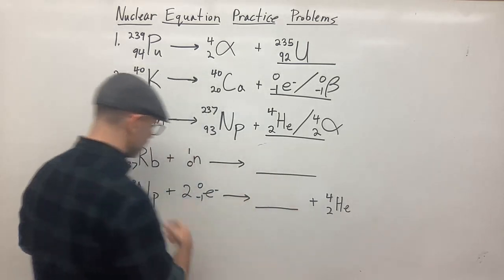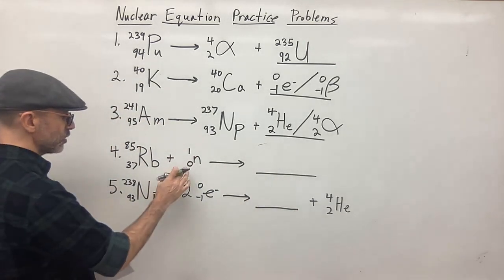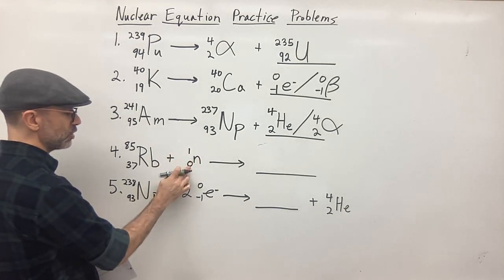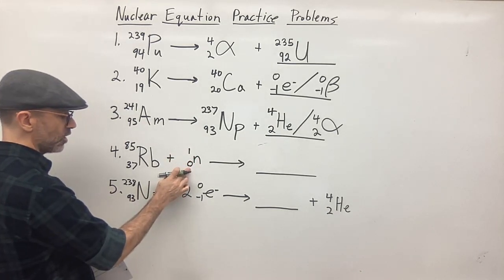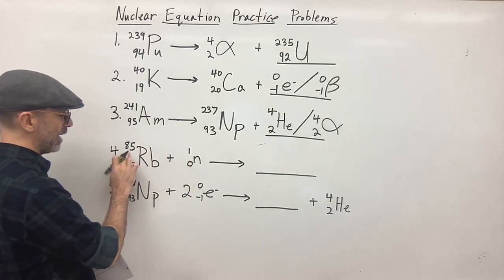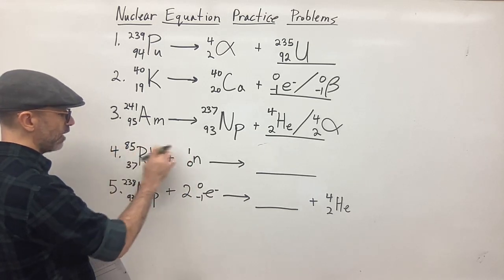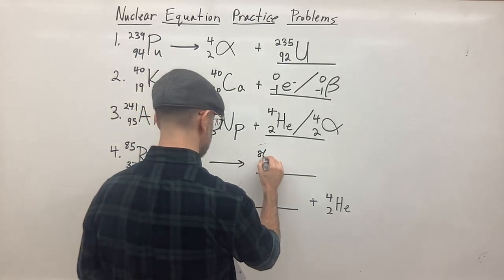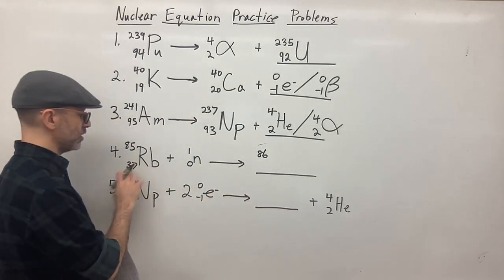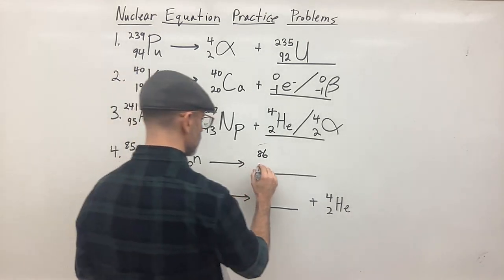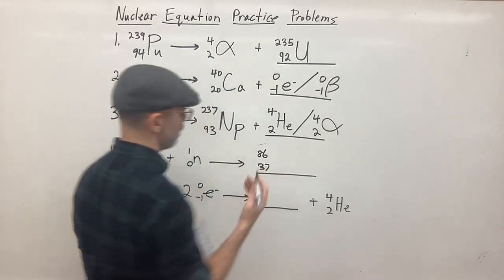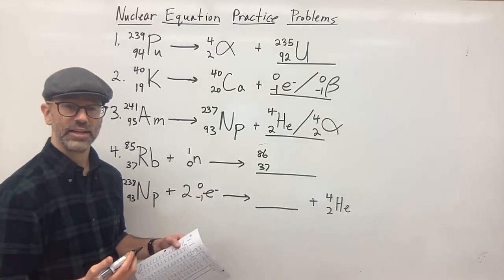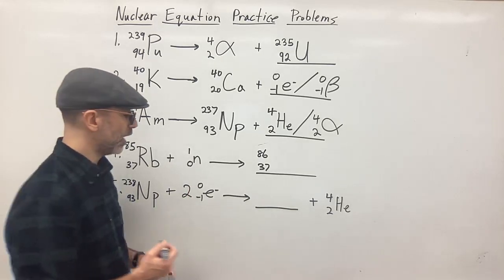So let's try this again. We have 1 for the mass number of a neutron, 0 for the charge of the neutron. So we add these together. 85 plus 1 gives me 86, and then 37 and 0 gives me 37. That is much better, since the atomic number shouldn't change if you're adding a neutron.